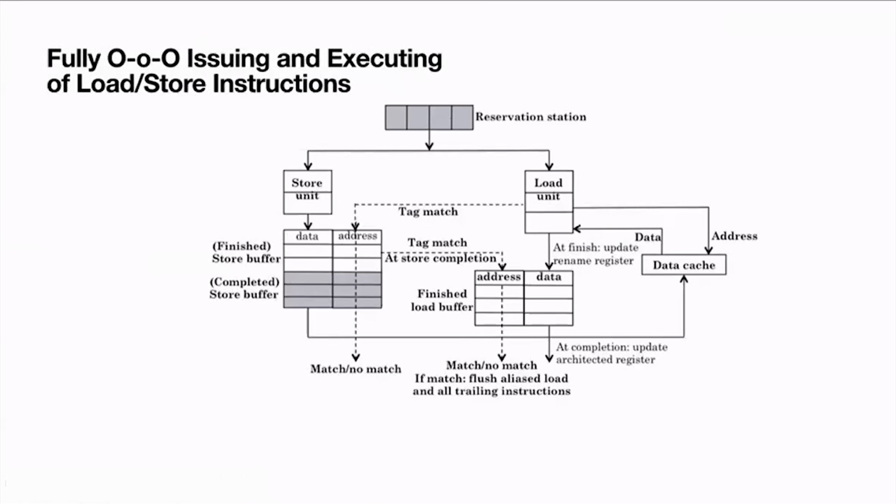So any other instruction that depends on this load must be looking at the reorder buffer, right? We make an entry into the reorder buffer whenever we dispatch the instruction to the reservation station. That's it. The operand is available if it is capture-based scheduling, as we discussed in the previous slides. So in the reservation station itself, the operand is going to be available. If not, then the tag is going to be available.